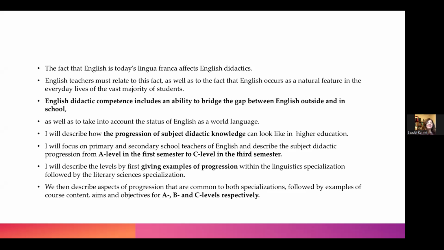I will describe the levels by first giving examples of progression within the linguistic specialization, followed by the literary sciences specialization. And then we'll describe aspects of progression that are common to both specializations, followed by examples of course content, aims, and objectives for A, B, and C levels respectively.